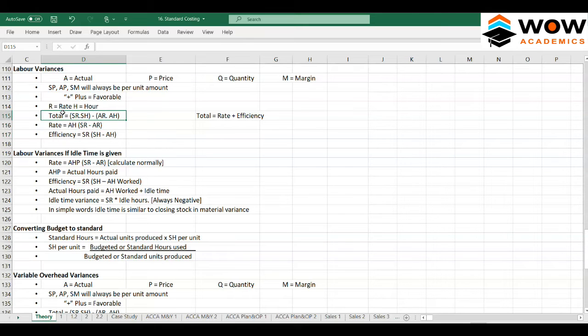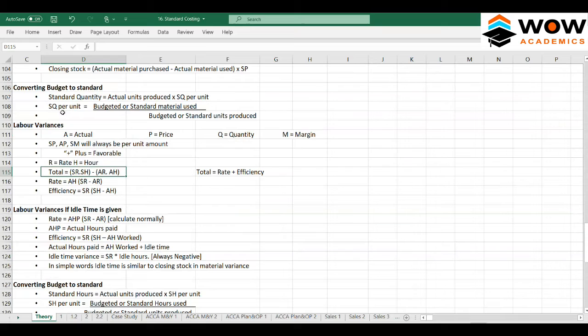Again, this is not a new ratio here. We have the wordings like SR. SR is standard rate. R here refers to the rate, and the H here refers to hours.